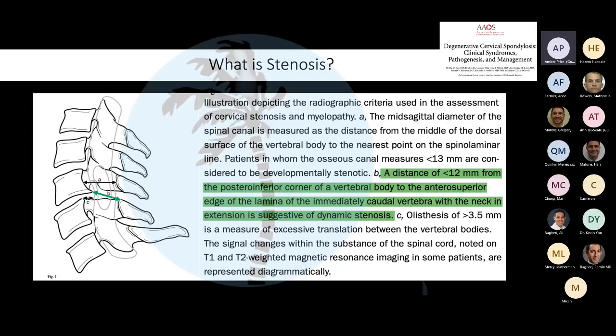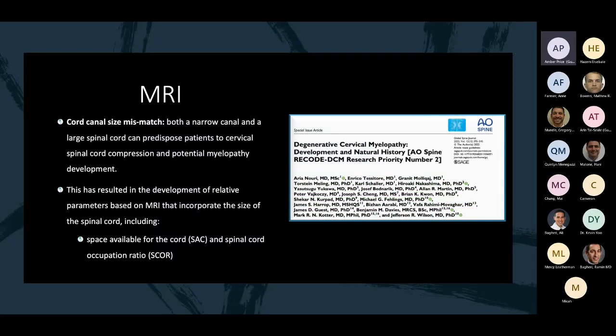If you look at the anterior inferior corner of the anterior superior edge of the lamina and compare it to the posterior inferior corner of the vertebral body, if this distance is less than 12, it can be suggestive of a potential dynamic stenosis. On MRI, you can also look for things such as cord canal size mismatch.